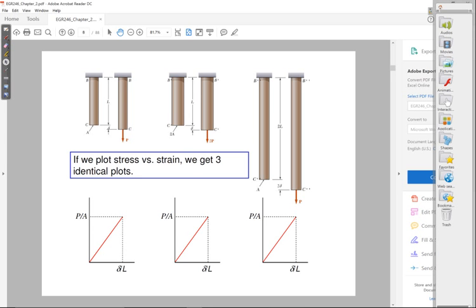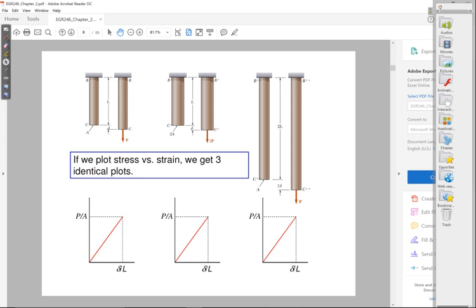And that's important because this is a very critical material property. So how do you define a straight line? In fact, this is a straight line that starts at the origin, right? Because at 0 force, I get 0 deformation, or at 0 stress, I get 0 strain.